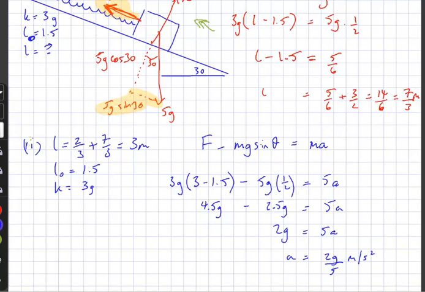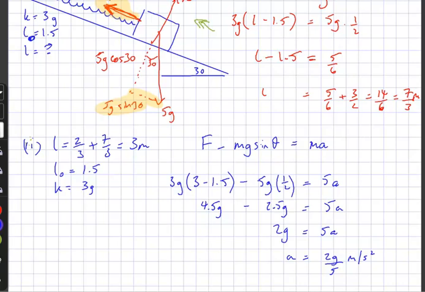So F equals ma is being used here. The sum total force acting in the direction of acceleration is equal to the mass multiplied by the acceleration. So I worked that out: the spring's force wanting to pull itself back to its natural length, minus the weight component, gives me that force.